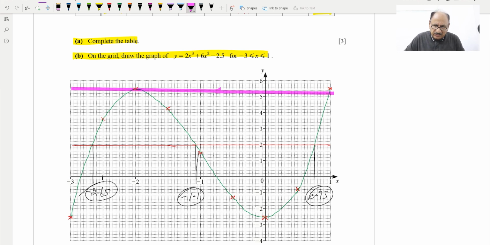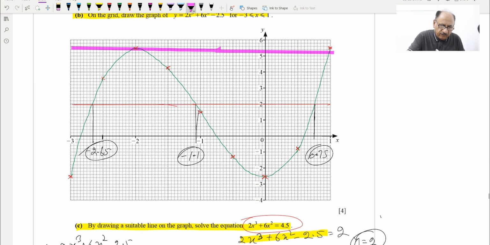And the second k value should be above, exactly at this point. This value also has exactly two roots.